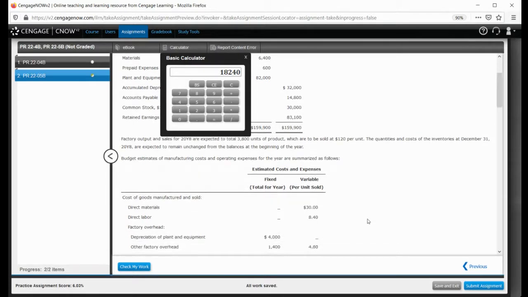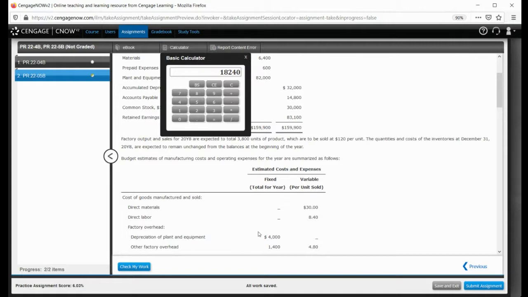That would be our other factory overhead variable cost portion. So it's $4.80 times 3,800. That's how I got 18,240.